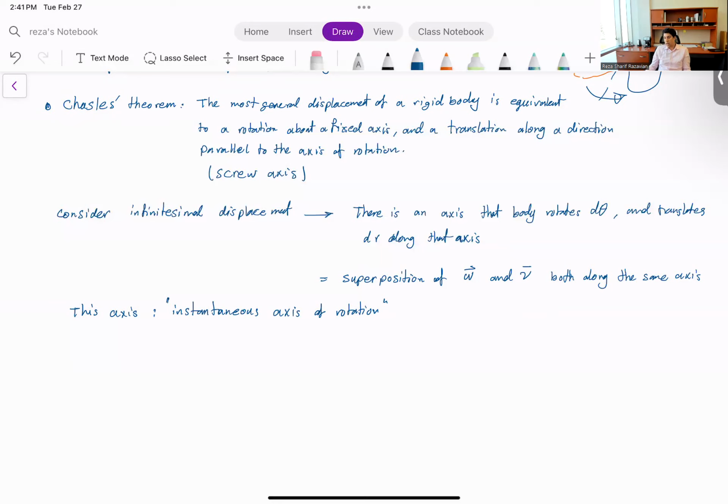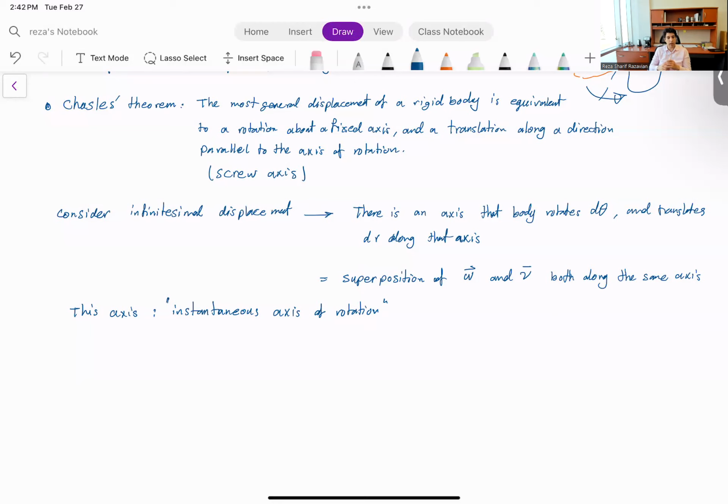And again, the best example is a screw. So the axis of a screw at any time is the instantaneous axis of rotation, because as your nut rotates, it also moves along the axis of the bolt.